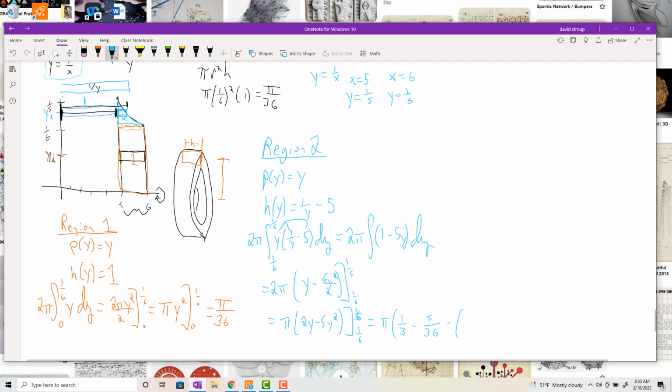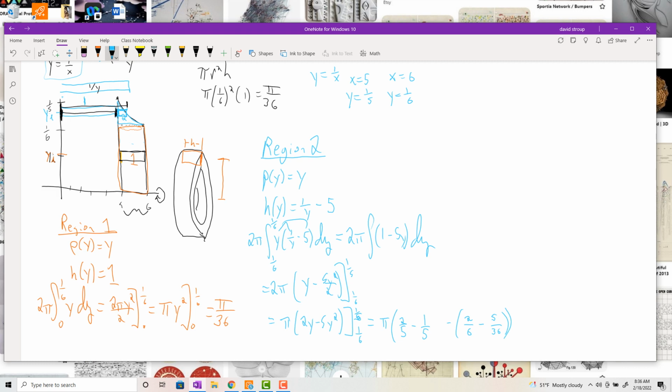The first one is 1/5. Okay, I'll try that again. So the first guy, 2/5, and then 5 times 1 over 5 squared is just 1/5. Minus, put in 1/6, so I get 2/6 minus 5 over 36.